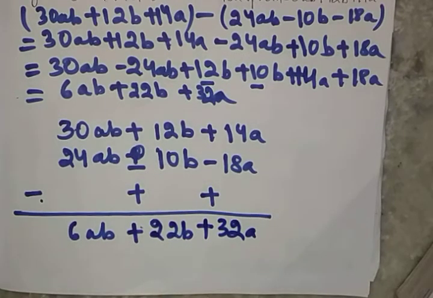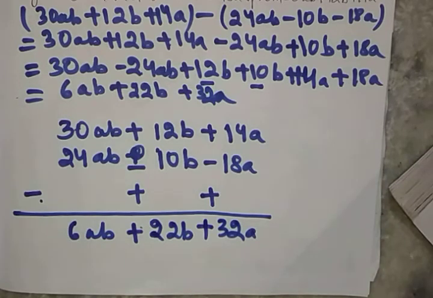Like that you can do the addition and subtraction of expressions. So this is about addition and subtraction of algebraic expressions. I hope you have understood, and you will do all the examples also. Okay. Thank you.